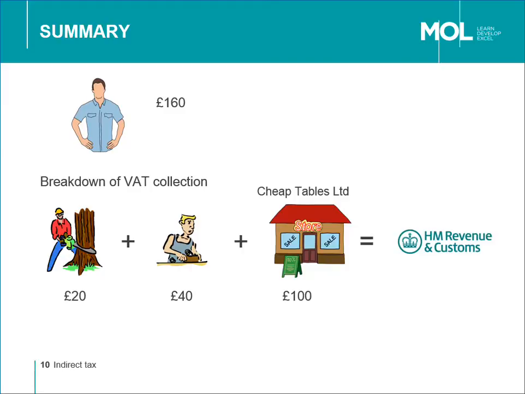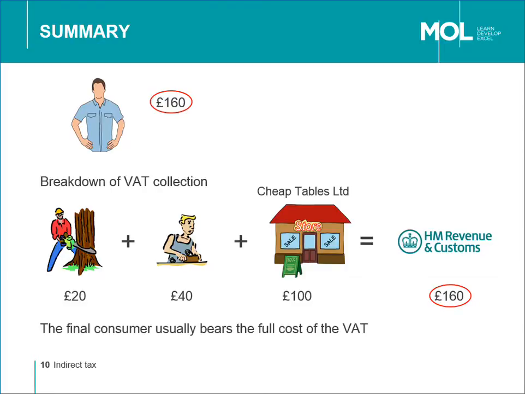This totals £160. You should notice that this is the same amount that was charged to Mr. Pine. Although Mr. Pine has not physically paid the £160 over to HMRC, HMRC has collected the amount in various stages. Hence, it is the final consumer that usually bears the full cost of the VAT.